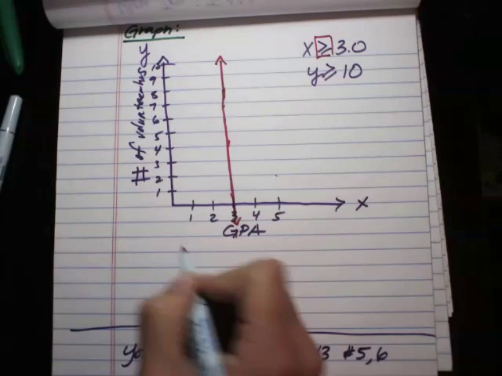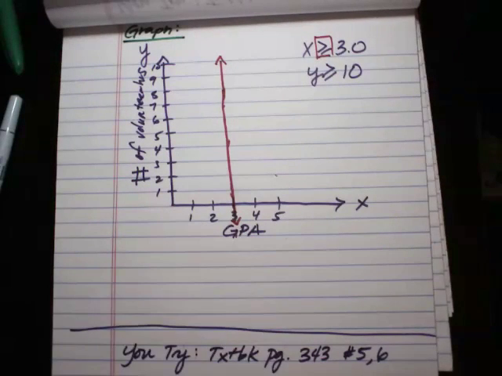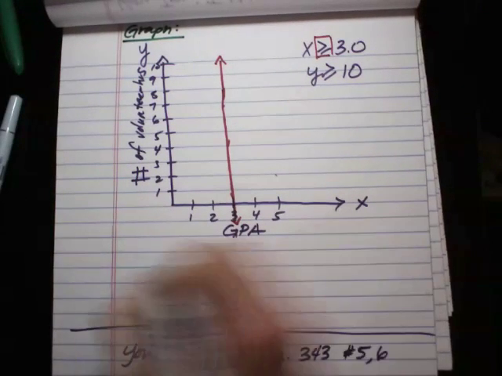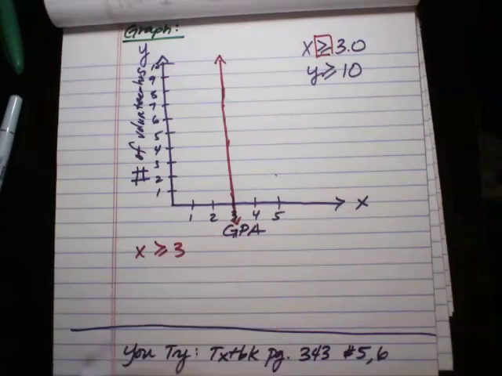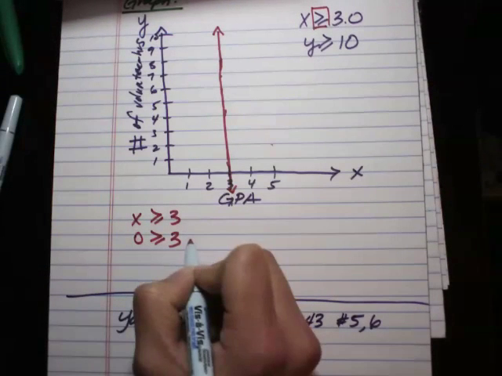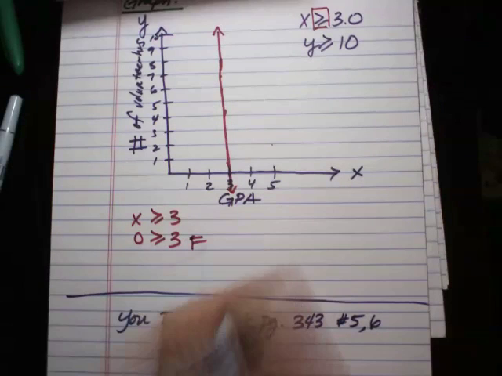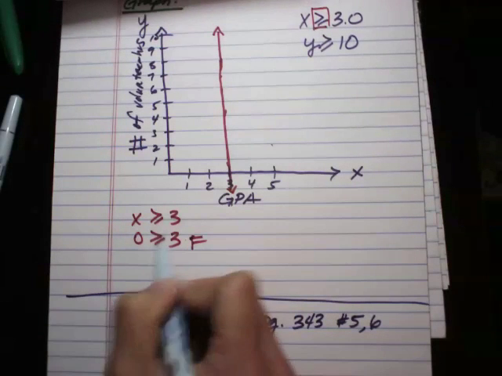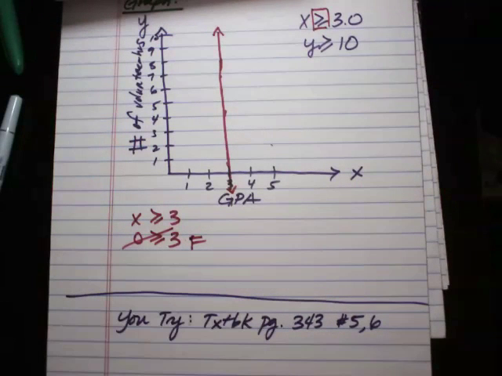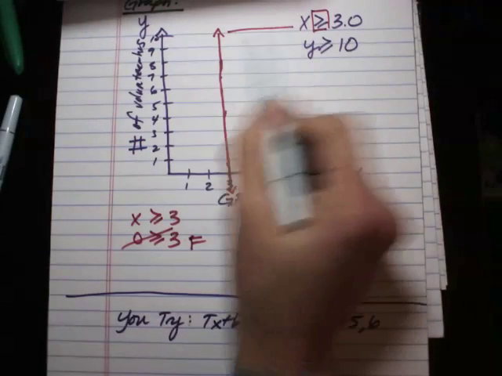Let's put in a point. If we put in 0, 0, let's check it: is 0 greater than or equal to 3? No, that's not true. So we're going to be shading on the right side.